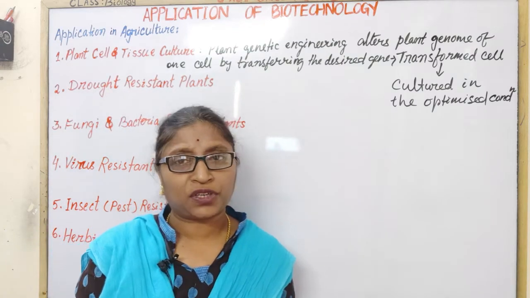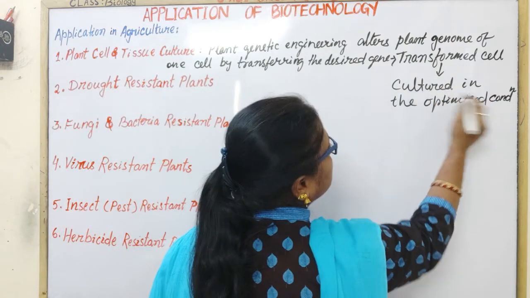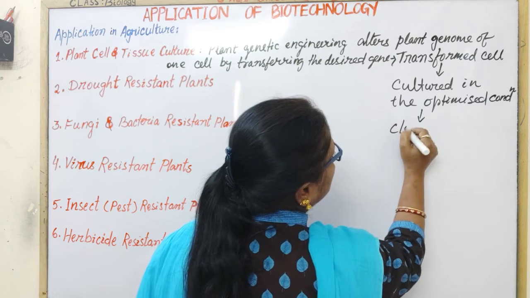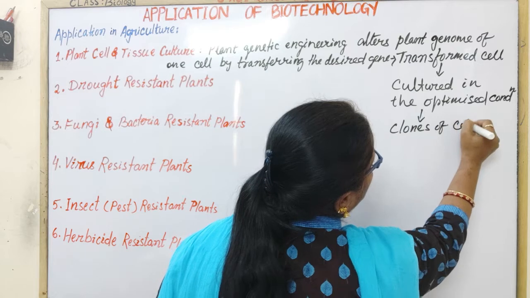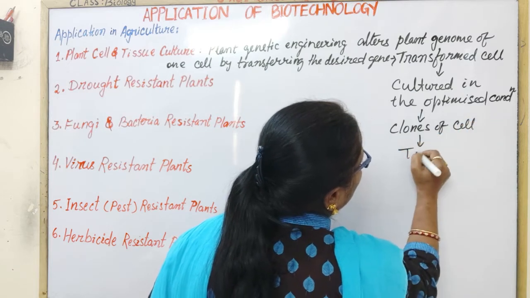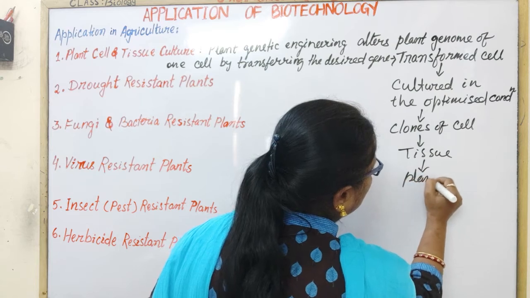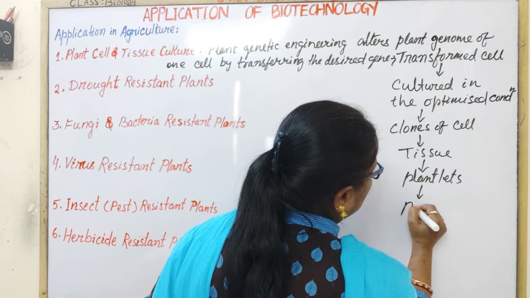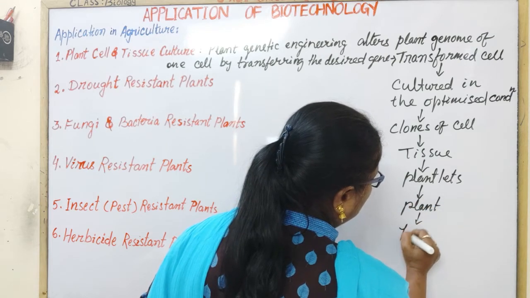The cells are cultured to develop into plantlets. So the transformed cells are cultured in optimized conditions to develop clones of that cell, then tissue, then plantlet, then plants. So we obtain the products.